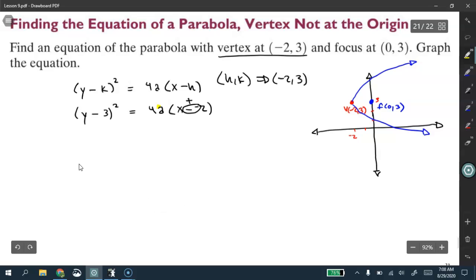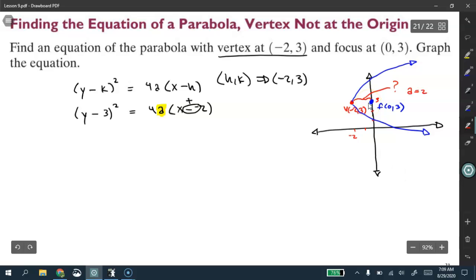Now, for the last time, a is always going to be the distance between the vertex and the focus, or the distance between the vertex and the directrix. So if you go from the vertex to the focus, what is that distance? If you went from negative 2 comma 3 to 0 comma 3, I hope you understand that that would be a value of 2 units.